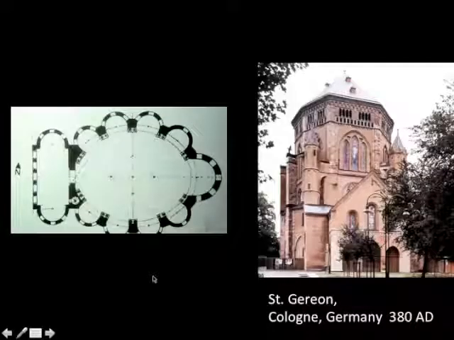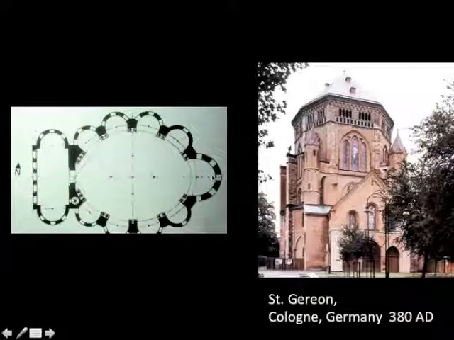If you look at some far-flung late Roman churches, like St. Gereon in Cologne, Germany, it's kind of a transformation of the Minerva Medica type. You've got this wonderful crenellated surface or infolded surface that folds up and becomes a dome. And here, there's a nice little transformation going on.